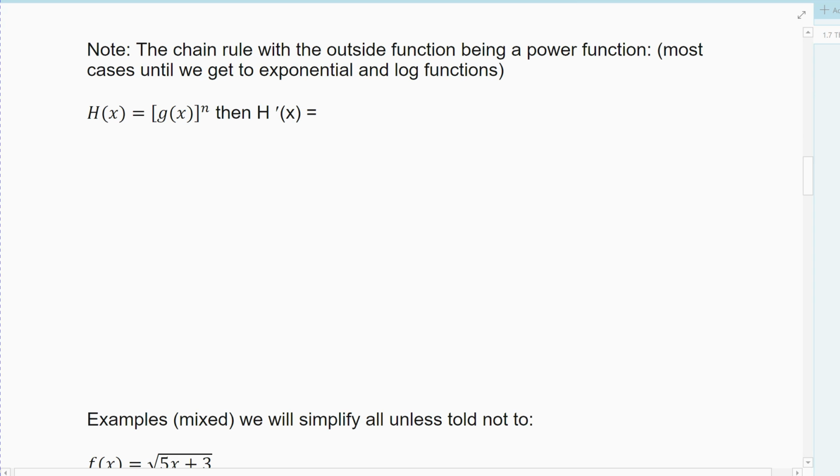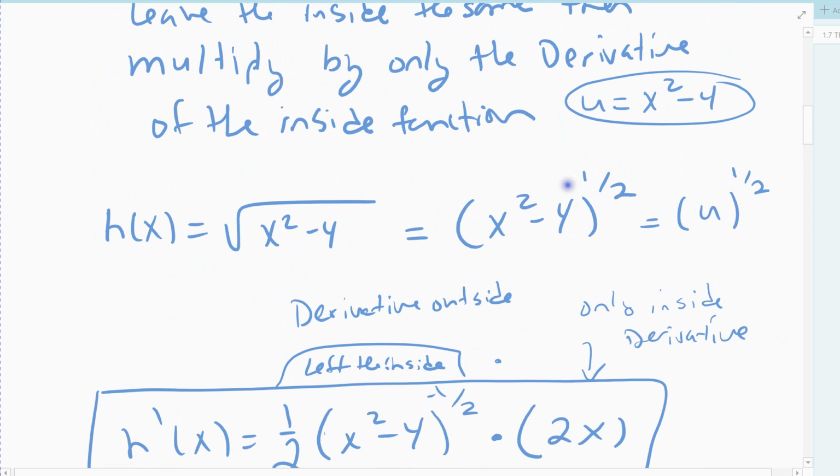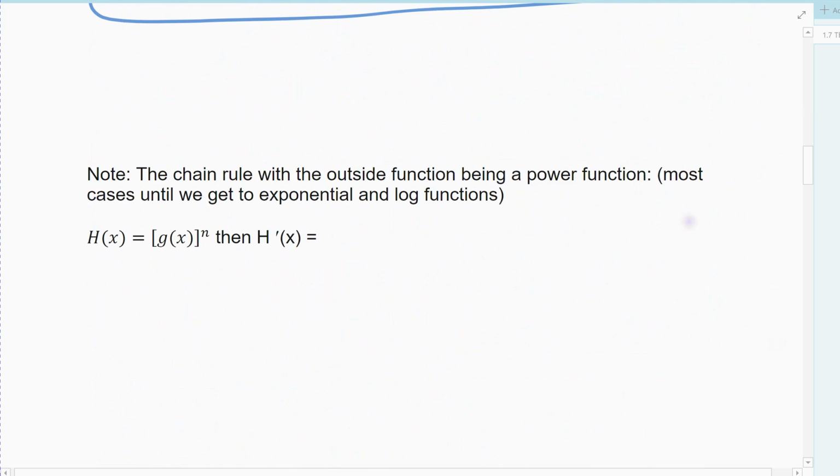That will be all of our cases right now in Chapter 1 until we get to Chapter 2 with exponentials and logarithms. So for Chapter 1, the chain rule is the outside is a power, the inside is a function. Just like this rule here, the outside function was the power 1/2, the inside function was x squared minus 4.